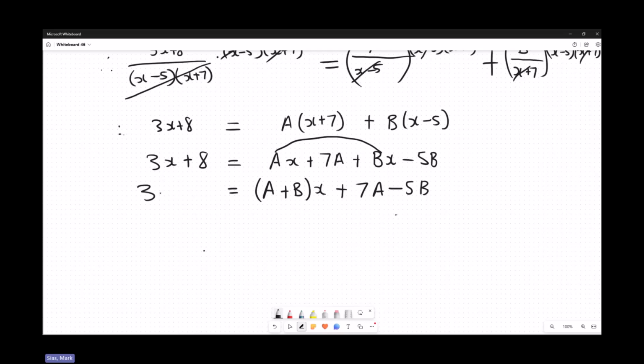So clearly, based on what I just said with the problem I constructed below, you can see that a plus b is connected to x and 3 is connected to x. So clearly, a plus b is equal to 3. On the other hand, 7a minus 5b is equal to 8. That's the constant.